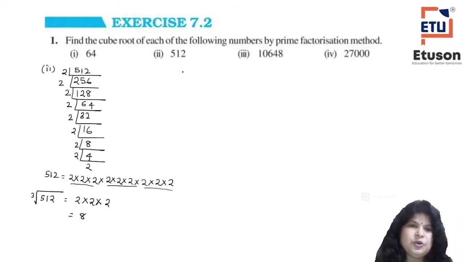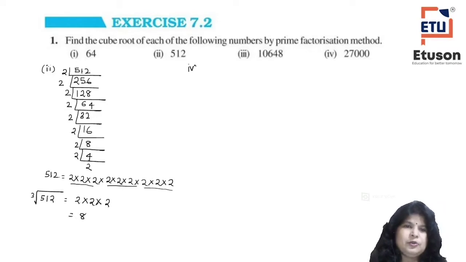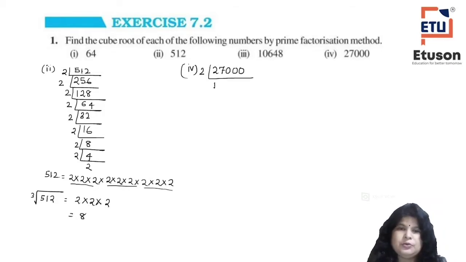Now let us go to bit 4. So in bit 4 you have the number 27,000, right? Divided by 2 you get 13500. Divided by 2 you get 6750. Divided by 2 you get 3375.